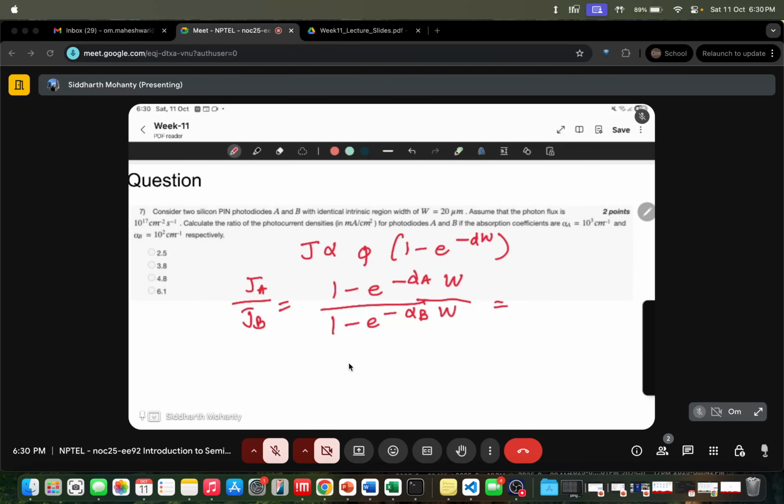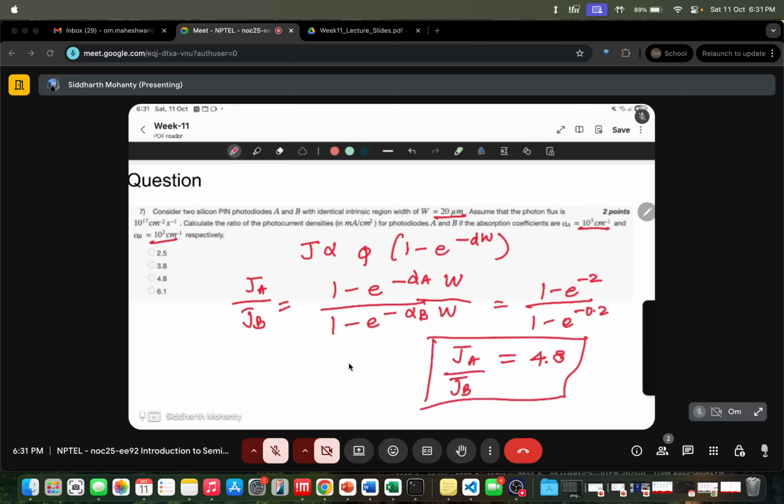So it will be (1 minus e to the power minus 2) over (1 minus e to the power minus 0.2). Width is 20 micron and alpha is either 10 to the power 3 or 10 to the power 2. If you solve this, JA by JB will be 4.8. This is the answer.